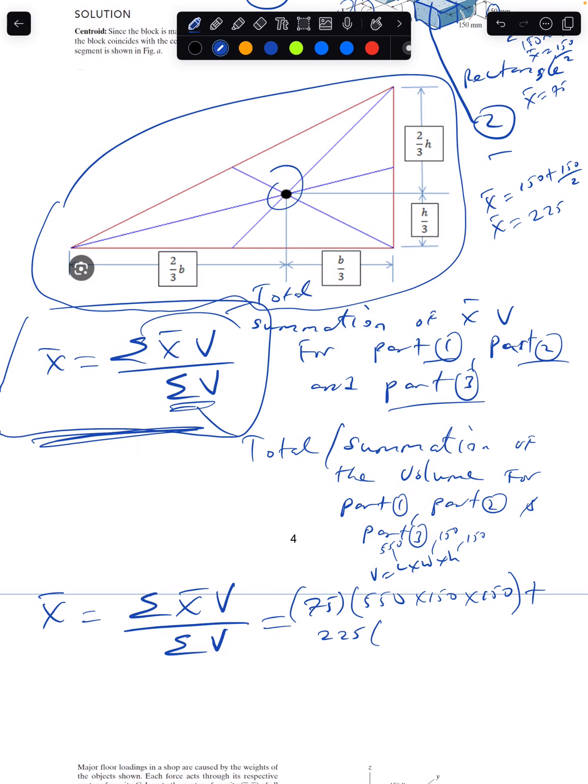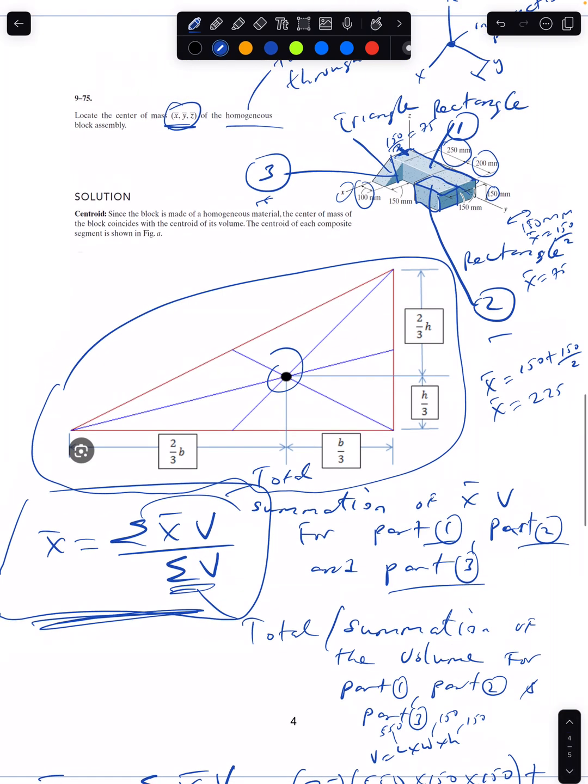And now the volume is length times width times height. If you go to that piece, if I talk about my length, I'm dealing with this piece, this section only.